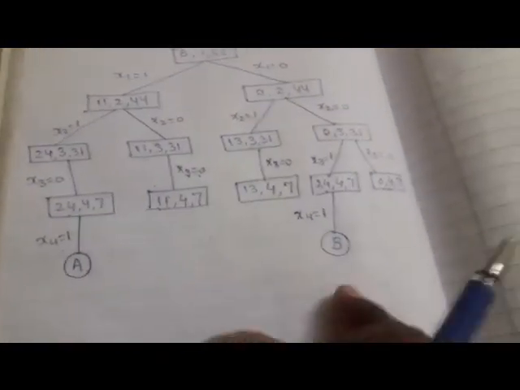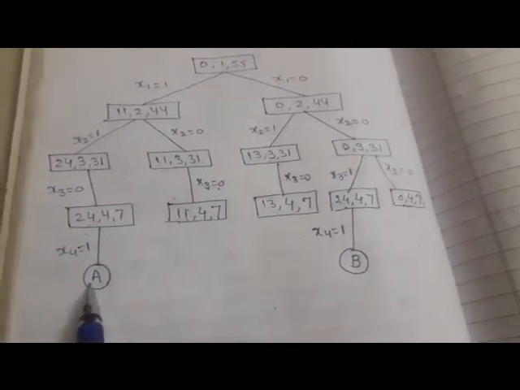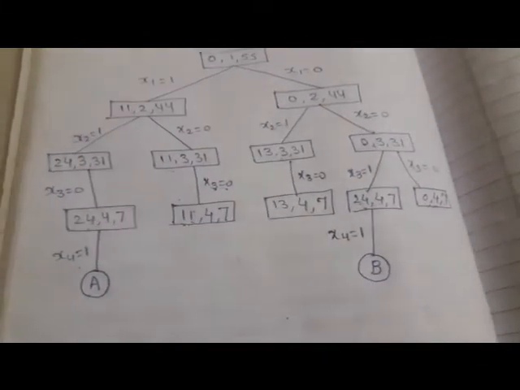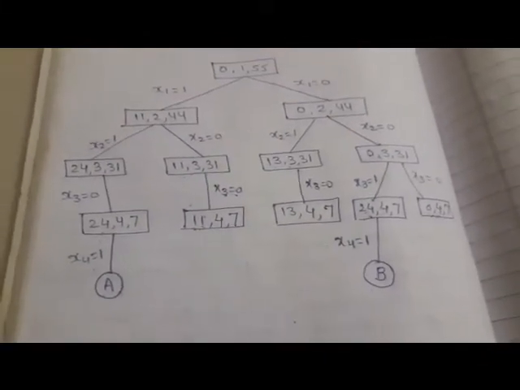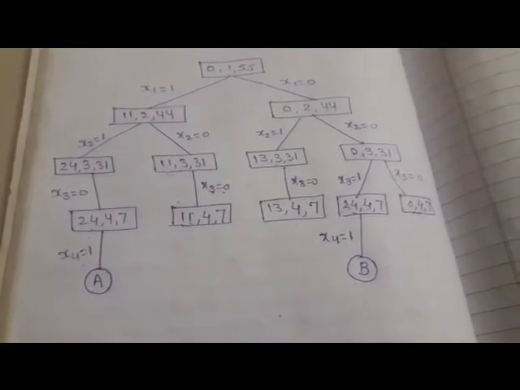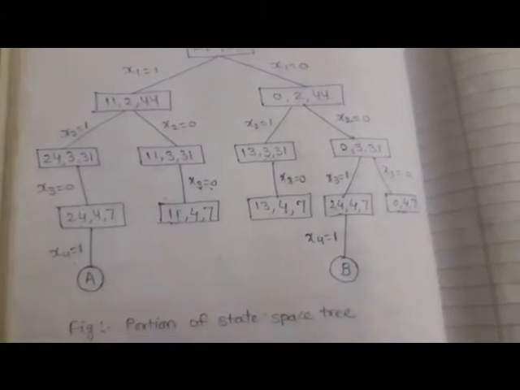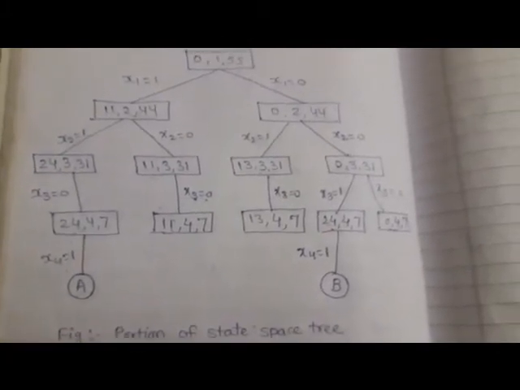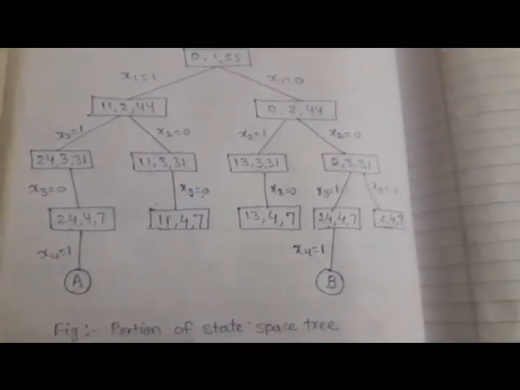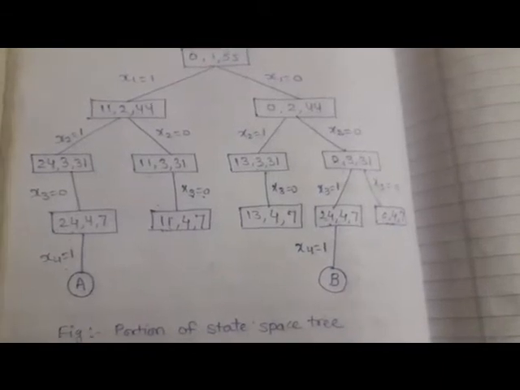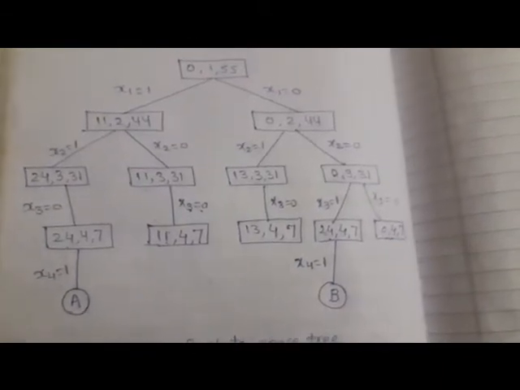Now in this we got two solutions, this one and this one. So for these subsets there are a total of two solutions. Now this is the figure of a portion of the state space tree for sum of subsets.